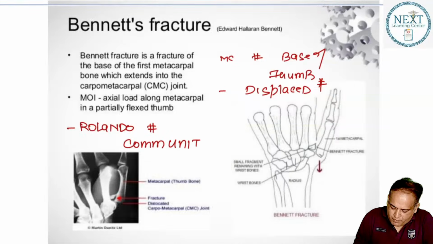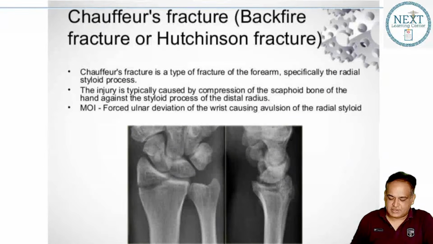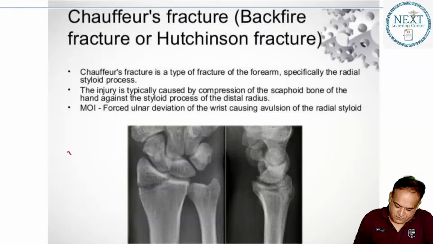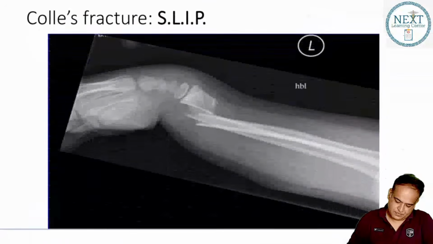It is comminuted. Comminuted means there are many fragments, बहुत सारे टुकड़े, many fragments. Right? Chauffeur fracture, also called backfire fracture, is the fracture of the styloid process of the radius. Fine.